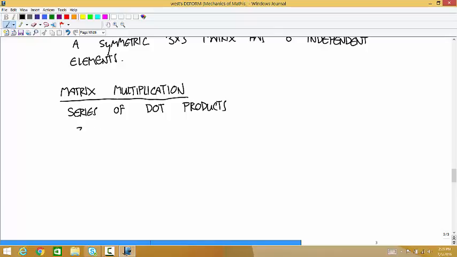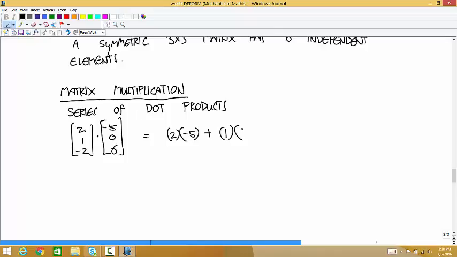So remember, a dot product, if you have a vector 2, 1, -2, dotted with -5, 0, 6. That's equal to 2 times -5 plus 1 times 0 plus -2 times 6.